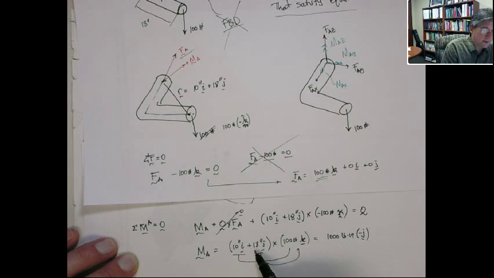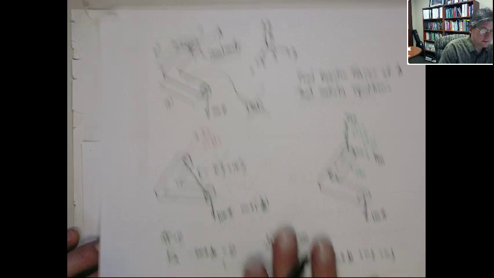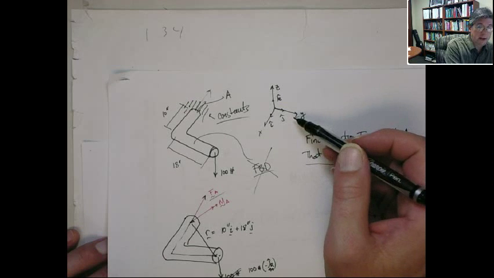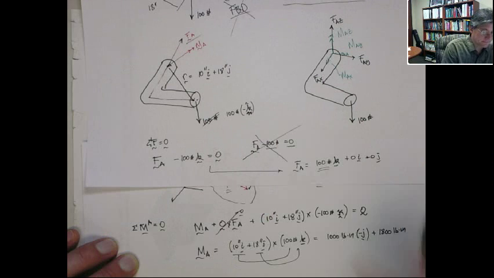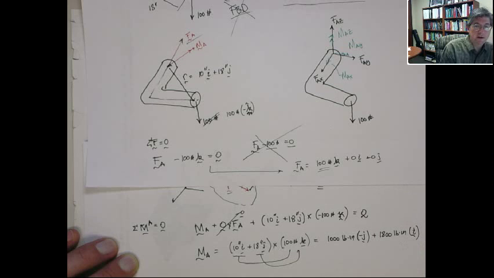Now we have the term that comes from the 18 cross this term. So that's plus 1,800. Again, it's in pound inches. And J cross K is positive I. So that's our vector, right?